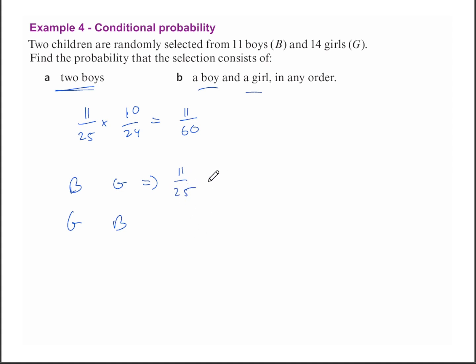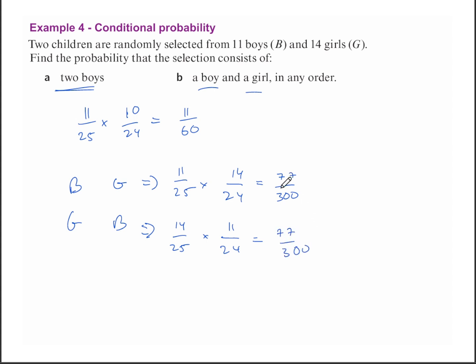Now the children have gone down to 24, but the girls have still remained 14. So that's going to be it for choosing a boy then a girl. Similarly, for a girl then a boy, you have 14 out of 25 initially. Then you have 11 out of 24 because 1 child is taken. What this gives you after simplifying is 77 over 300. Same here, 77 over 300.